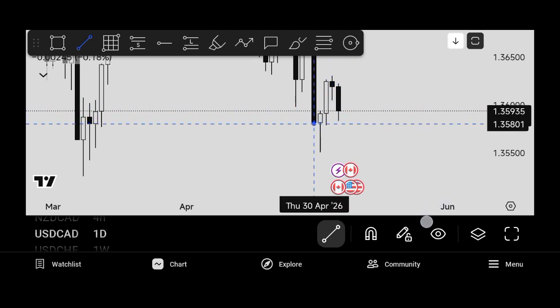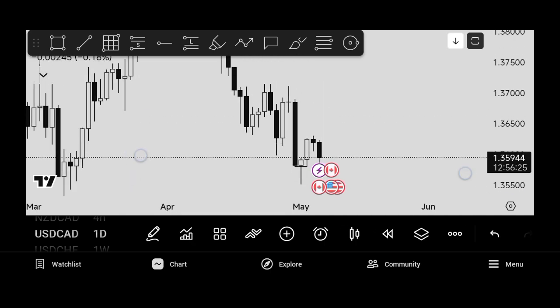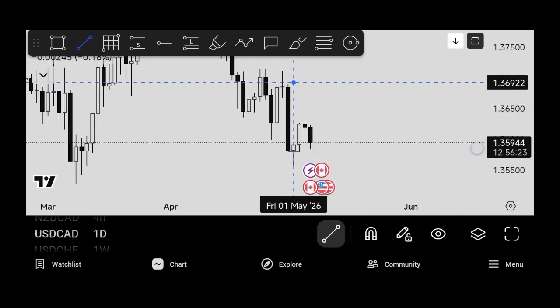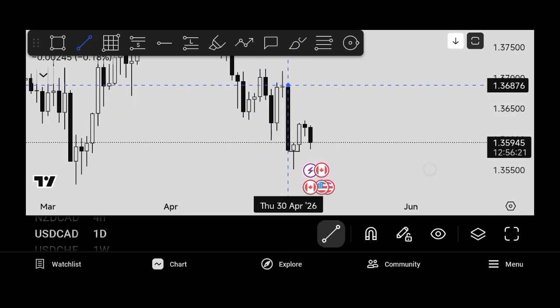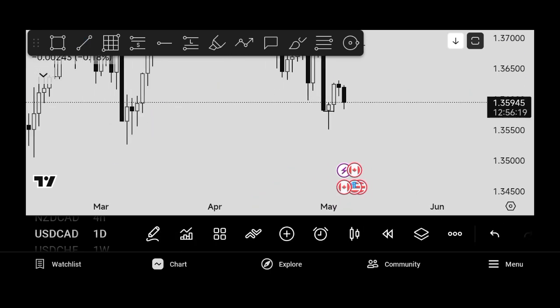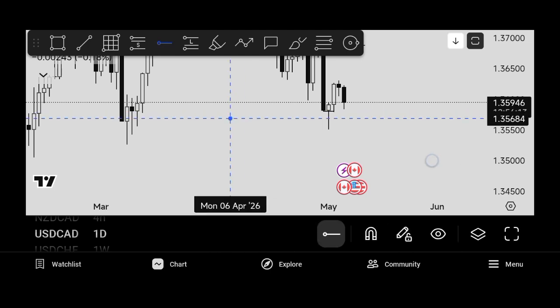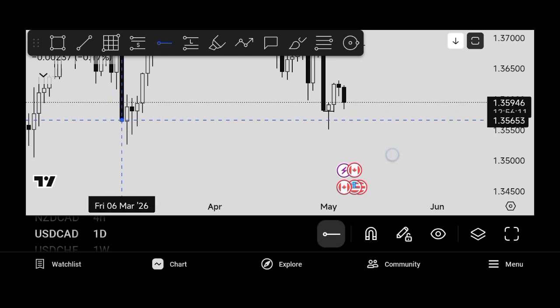Now, normally this is our CRT low, and our obvious target should be here. And what's the second criteria? Let me quickly recap on the criteria. I said that our CRT should be mitigating a key level.